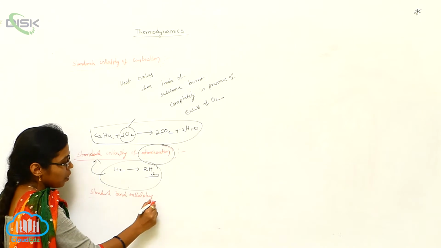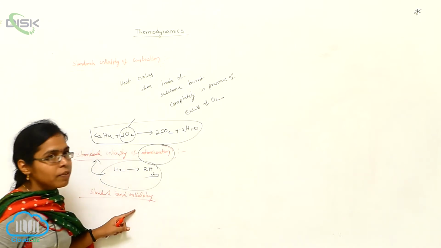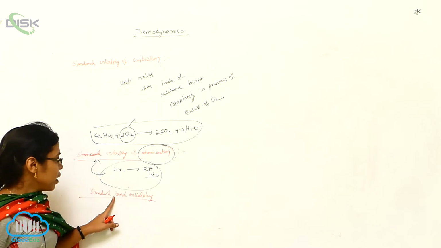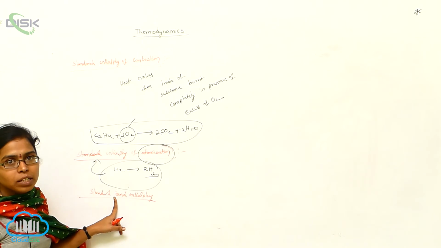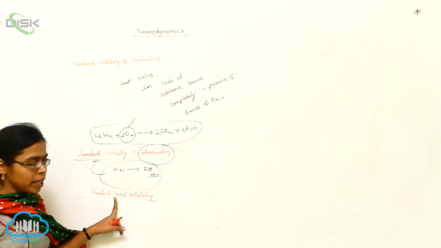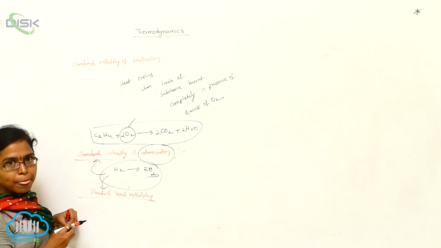Standard bond enthalpy is simply the bond enthalpy. The energy required for the cleavage of 1 mole of a type of bond is called the bond enthalpy. It is also the same example for the standard bond enthalpy.